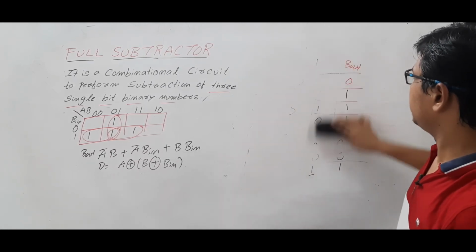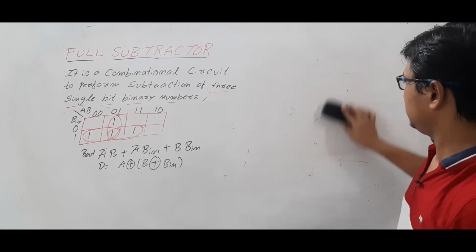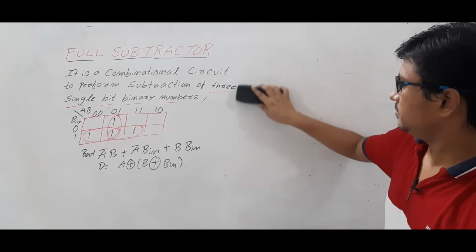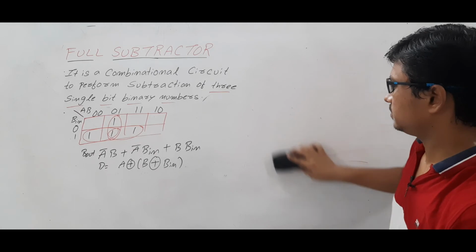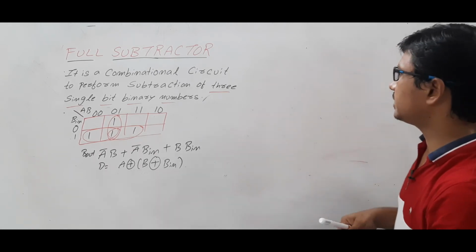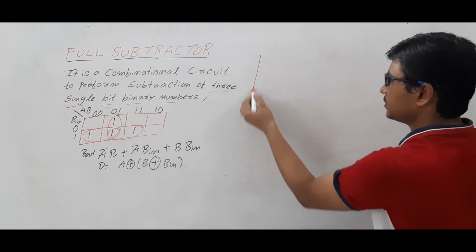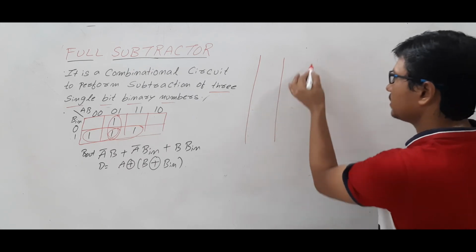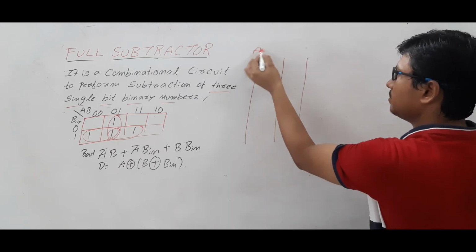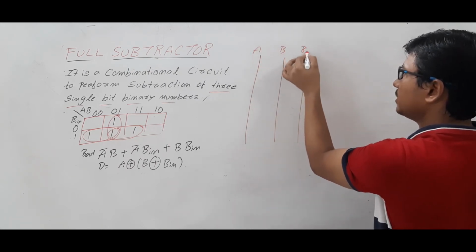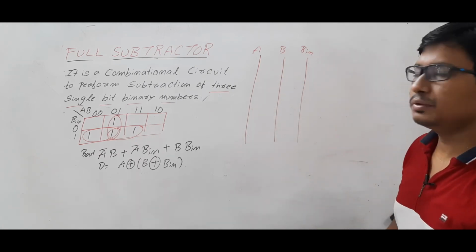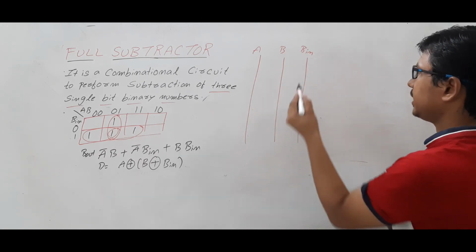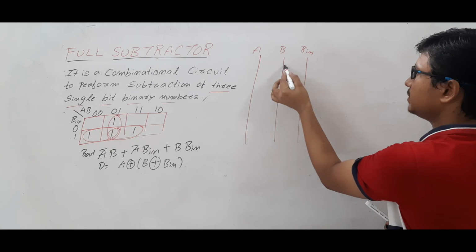How I will do? Please watch it. So I will take the inputs, 3 inputs, A, B, borrow in. Now what I will do? I will perform the exclusive OR between these two.